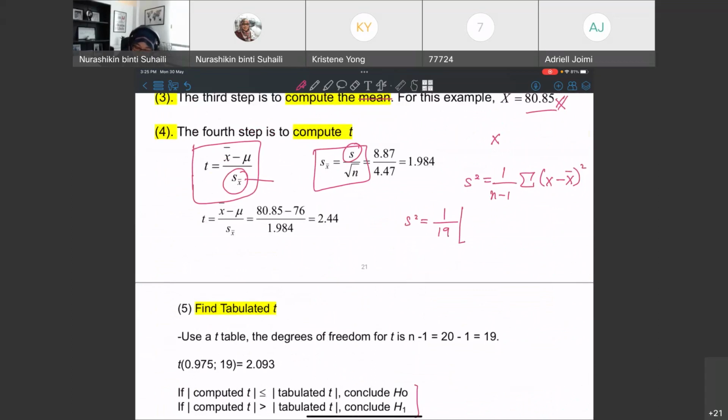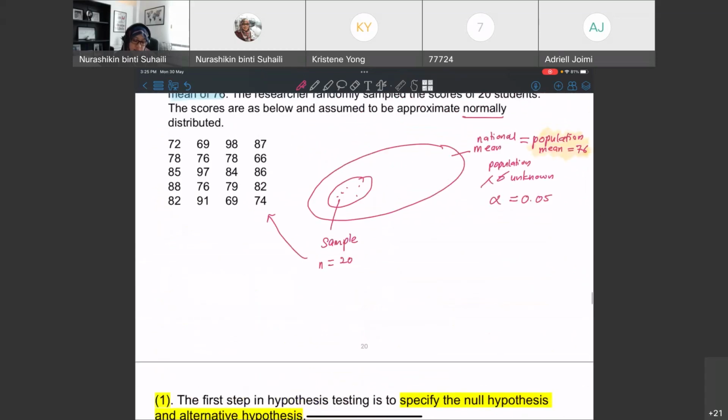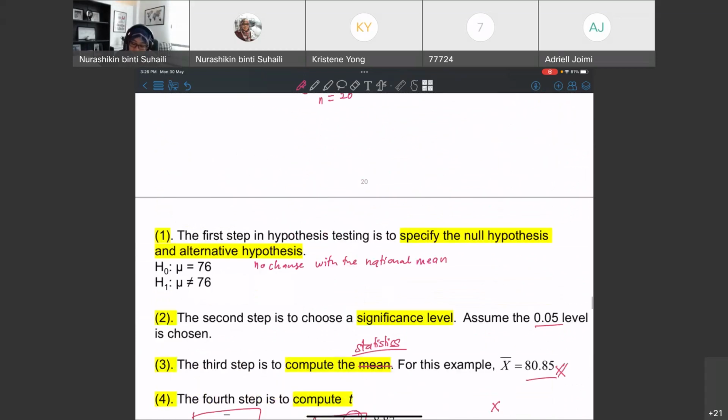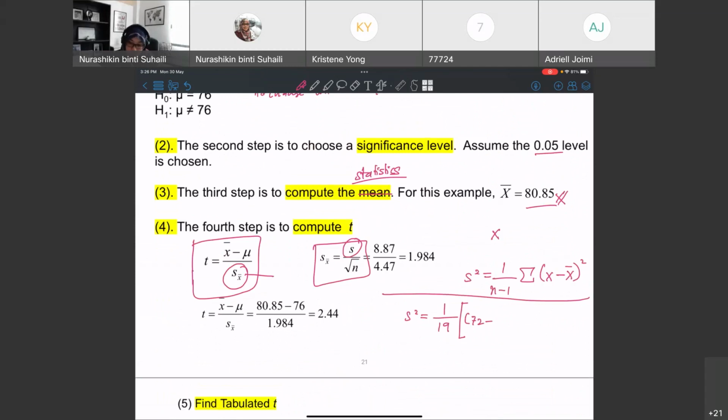So this is the big bracket that you have to calculate. It's a bit tedious actually, but how do you want to refer to this? X here is referring to each of the values over here. For example, 72 minus x bar, the average, 80.85, squared, right?